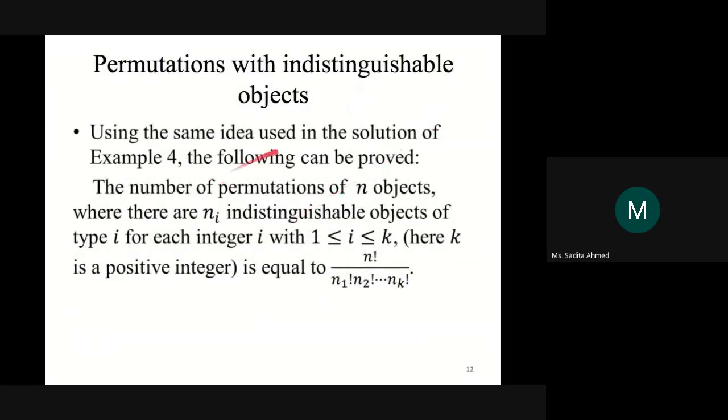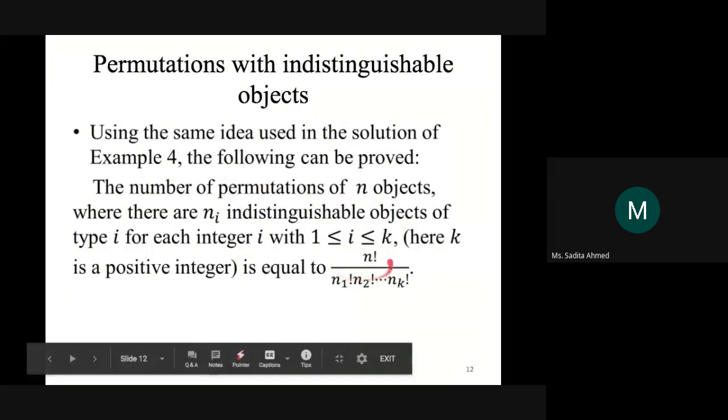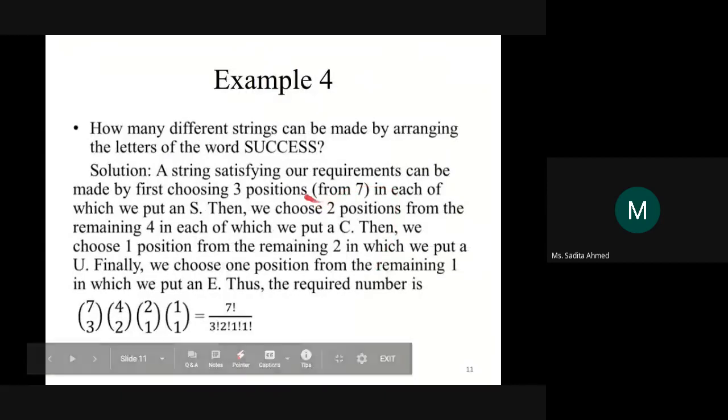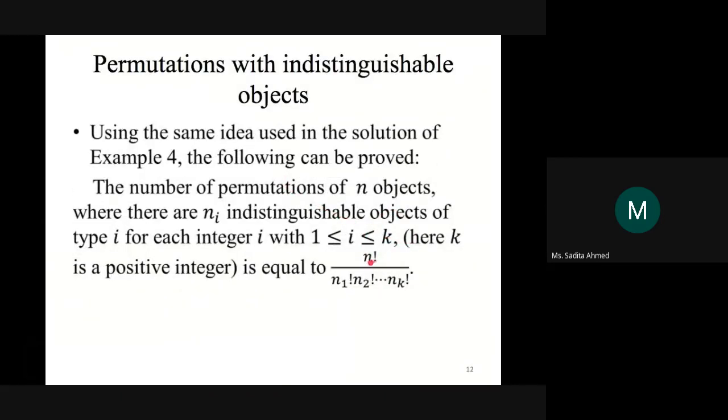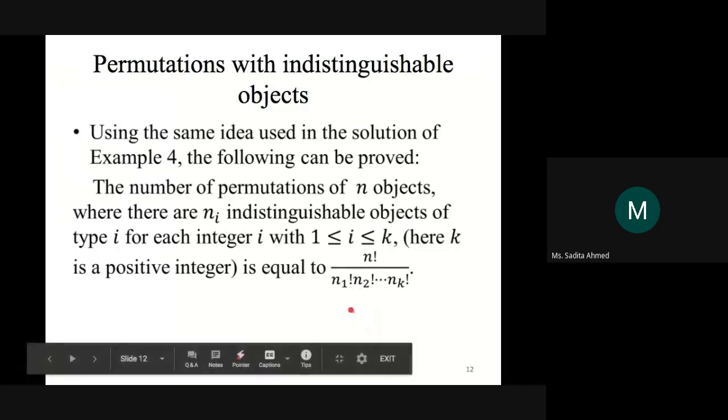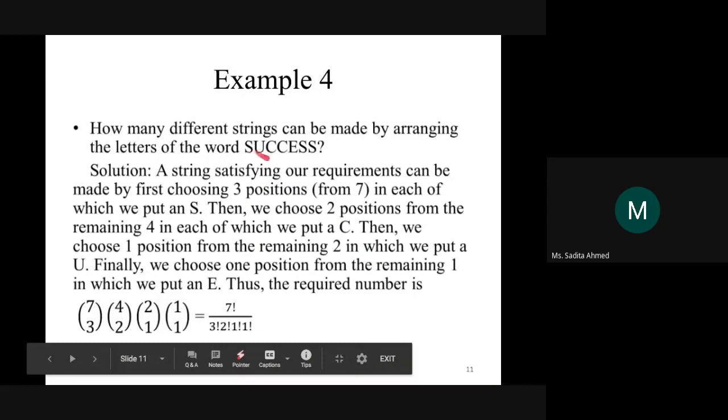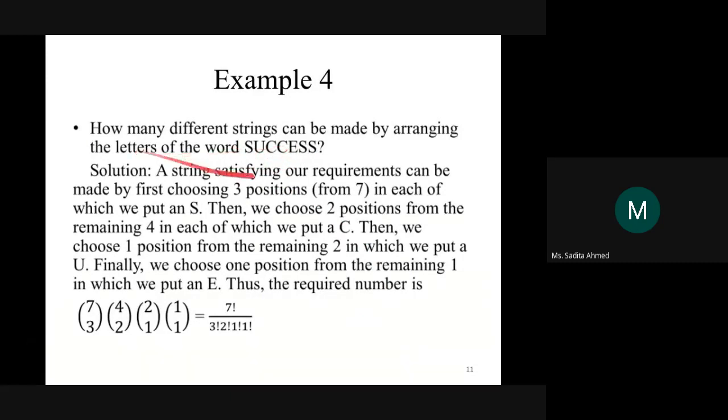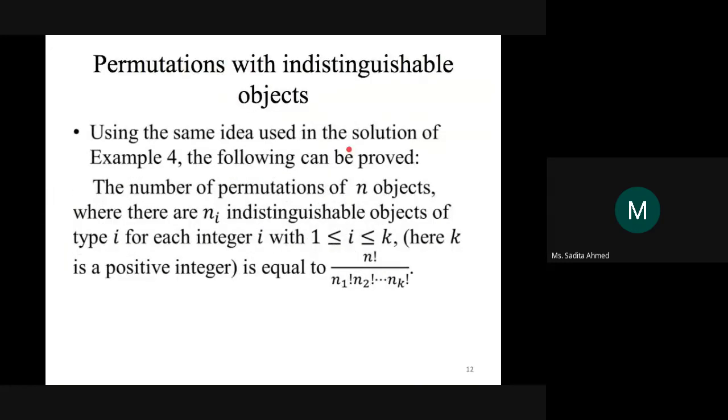If you have to count the total number of permutations of, let's say, n objects, where n is equal to 7 here, where there are, let's say, k distinct types of objects. All right, k distinct types of objects. Here we have 4 distinct types of object: S, U, C, E. All right, these 4.